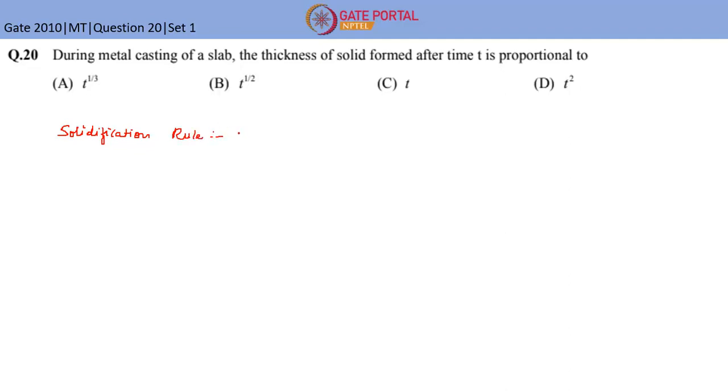Solidification rule is basically given by Chvorinov's rule, which tells that the time taken for solidification is dependent on V by A whole square. This is basically Chvorinov's rule, where T is the time taken for solidification, the solidification time.